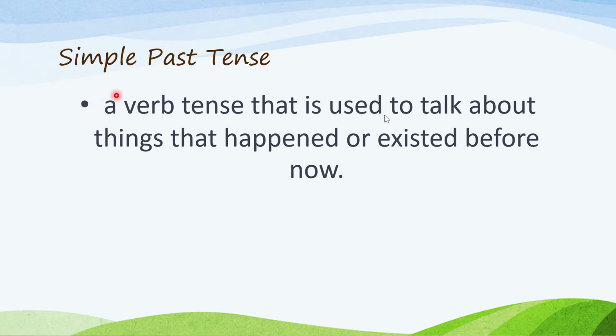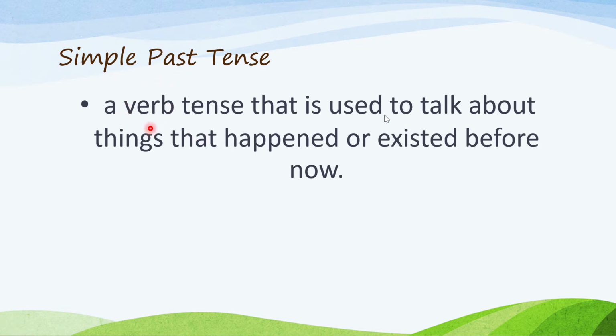Sebagai kata mudahnya, simple past tense is a verb tense that is used to talk about things that happened or existed before now. Ya, kita dah bincangkan sebelum ni.